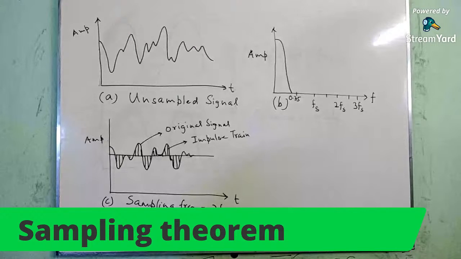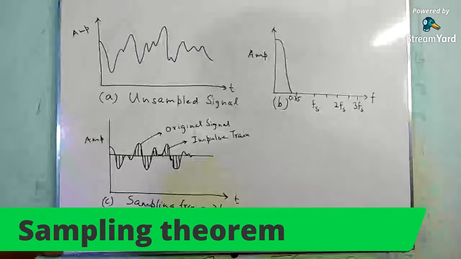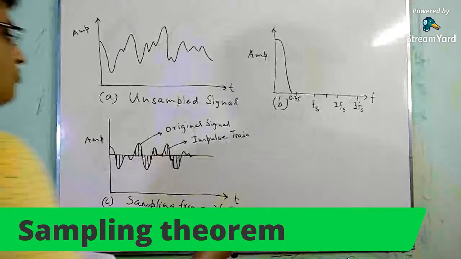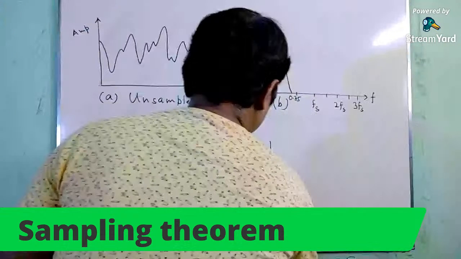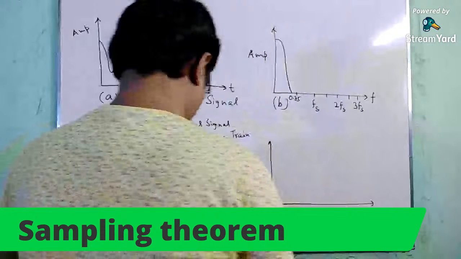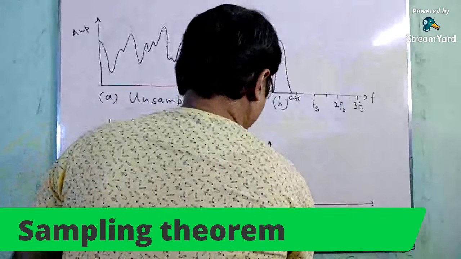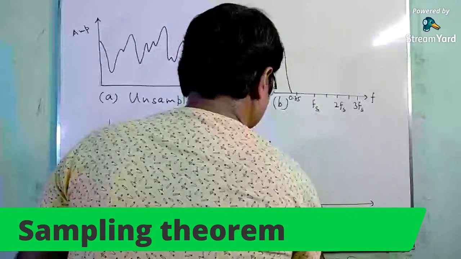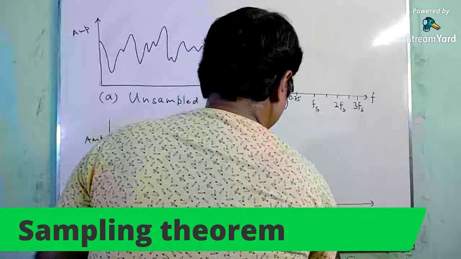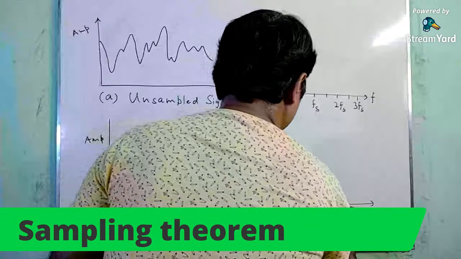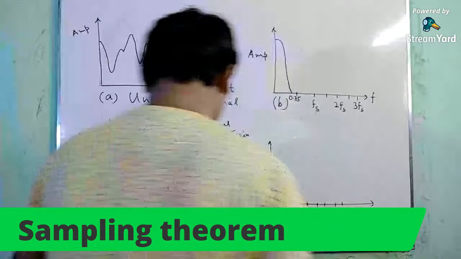Now the sampled signal in the time domain is shown in figure C. Let's draw its frequency spectrum. This is 0.5 fs, this is fs, this is twice fs, this is thrice fs, and so on.